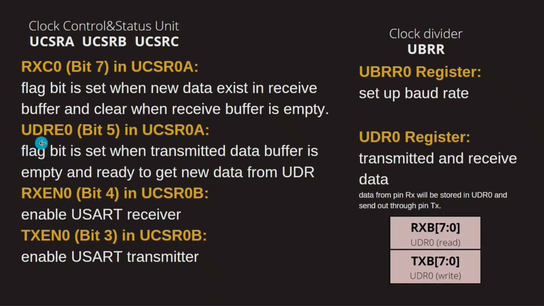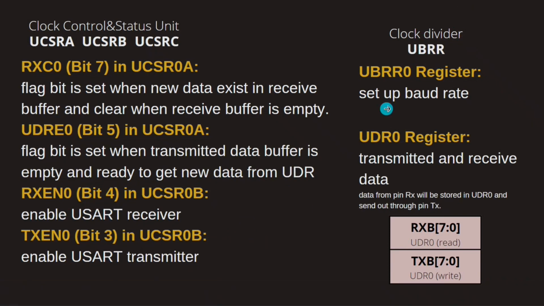The next one is UDRE0, which is the status of whether it's ready to transmit or not. RXEN0 works like a switch for the receiver, and TXEN0 is just like a switch for the transmitter. Both will be on when equal to 1 and off when equal to 0.